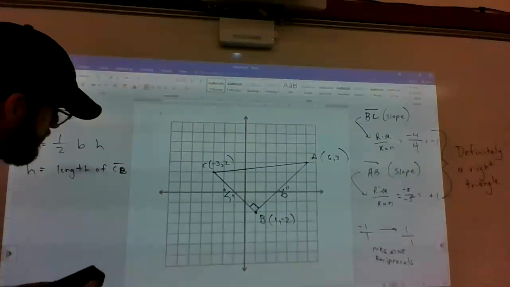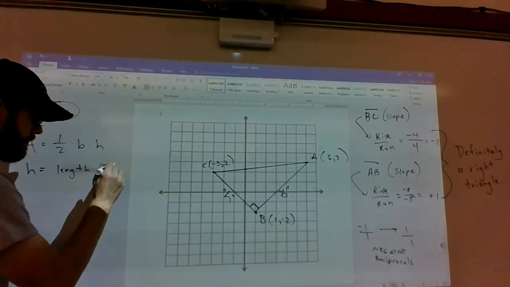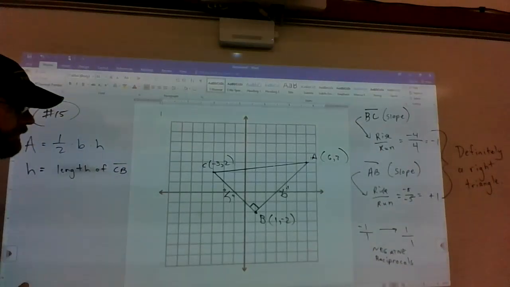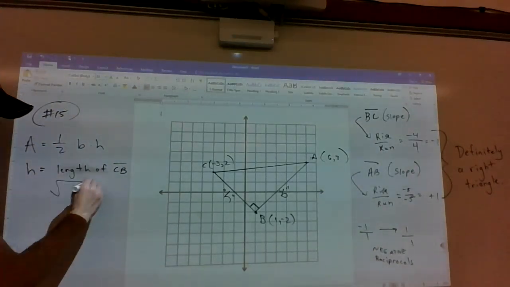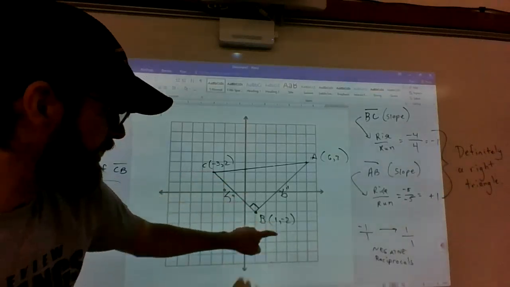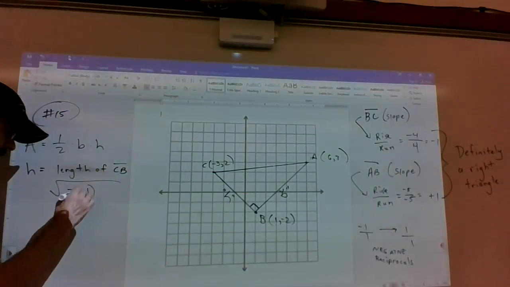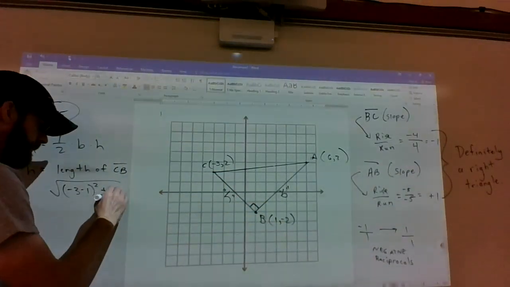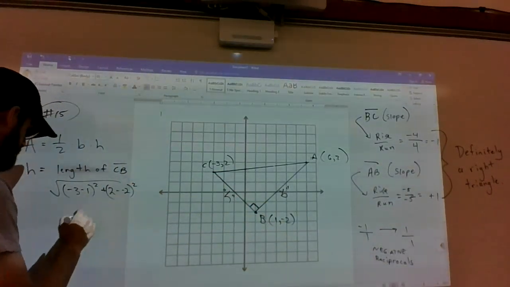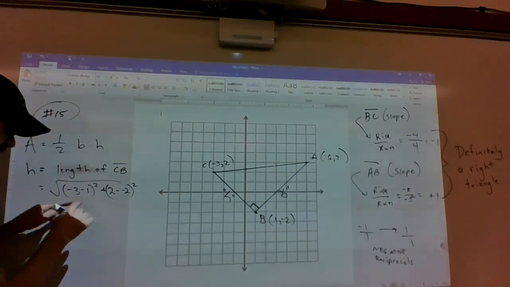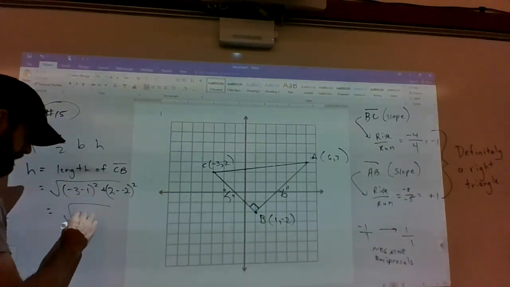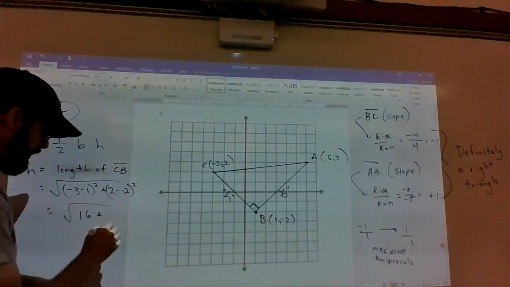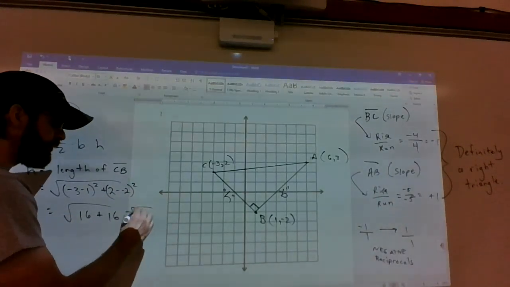Can you guys see that? So that'd be root -3 minus 1 squared plus 2 minus -2 squared. So that's -4 squared is 16. 4 squared is 16 again. That's root 32.